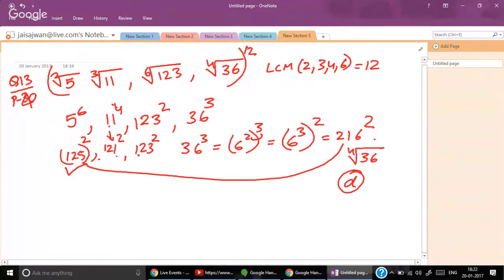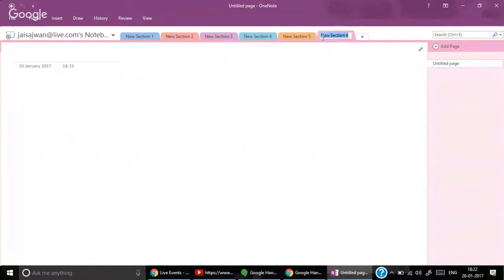I hope this must be the problem of the students, that why the answer was not 1331. After that it is page number 48, question number 10.